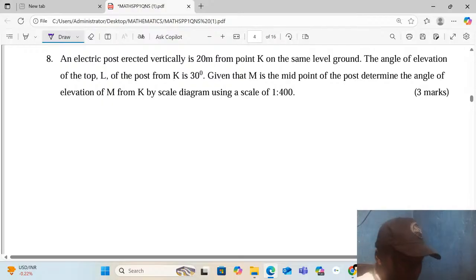I'll demonstrate for you and show you how this question is tackled. So, first of all, we have to check on the scale.